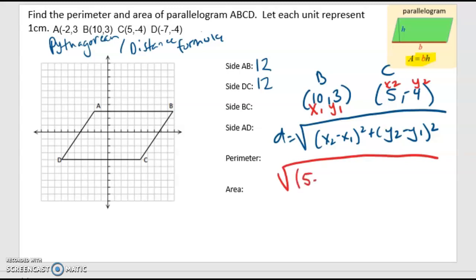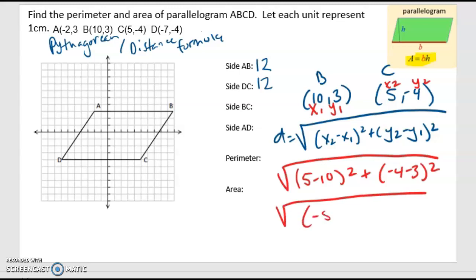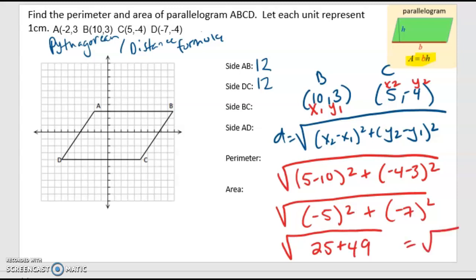So we have 5 minus 10 squared plus -4 minus 3 squared. That becomes the square root of -5 squared plus -7 squared. Anytime you square a negative number, it becomes positive. 25 plus 49. That's going to give me the square root of 74.